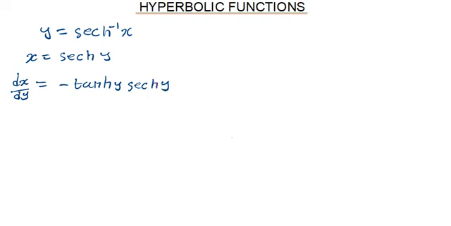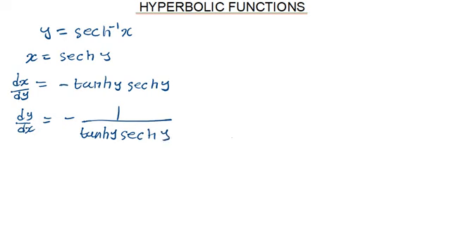All right, so meaning our dy/dx will be equal to minus 1 over hyperbolic tan of y multiplied by our hyperbolic secant of y.